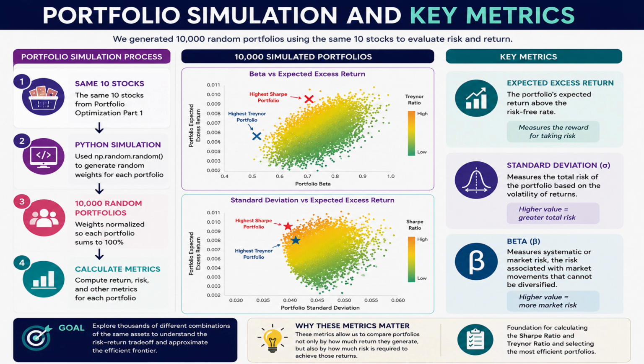The third metric is beta, which measures systematic risk, or the risk associated with overall market movements. Unlike total risk, systematic risk cannot be eliminated through diversification. Together, these metrics allow us to compare portfolios not only by how much return they generate, but also by how much risk is required to achieve those returns. These measures provide the foundation of the Sharpe and Treynor ratio analysis discussed later in the presentation.